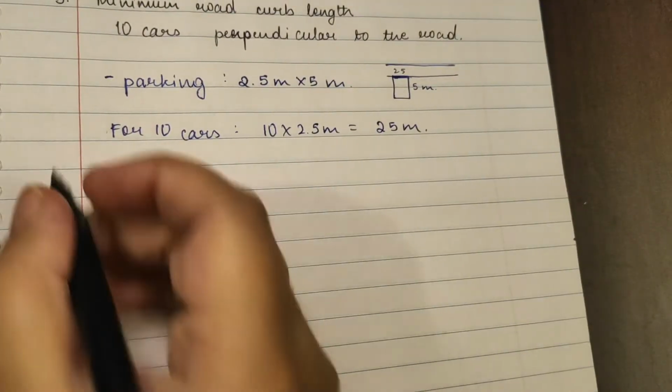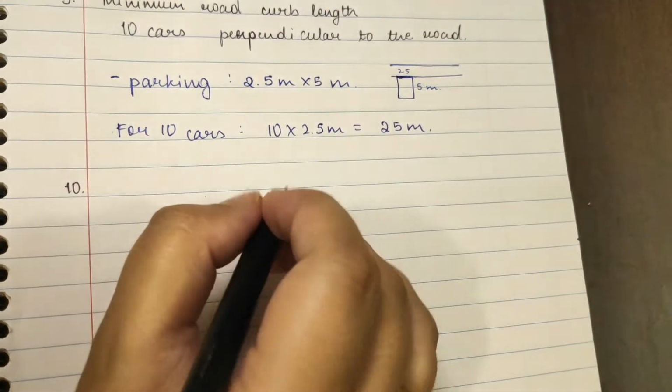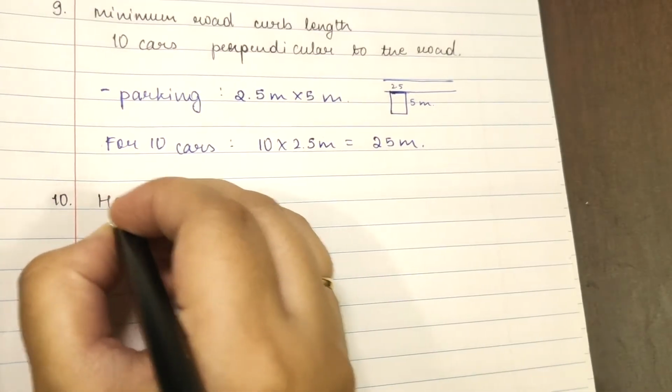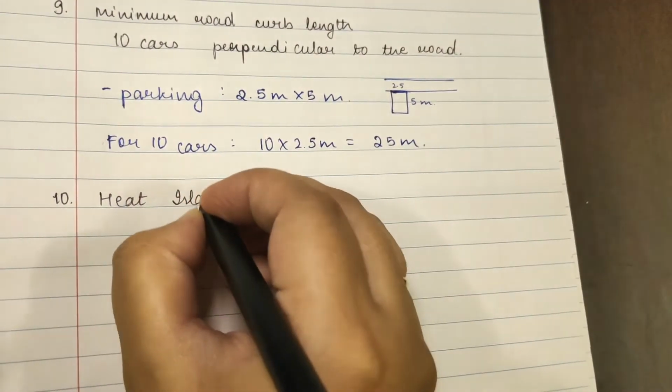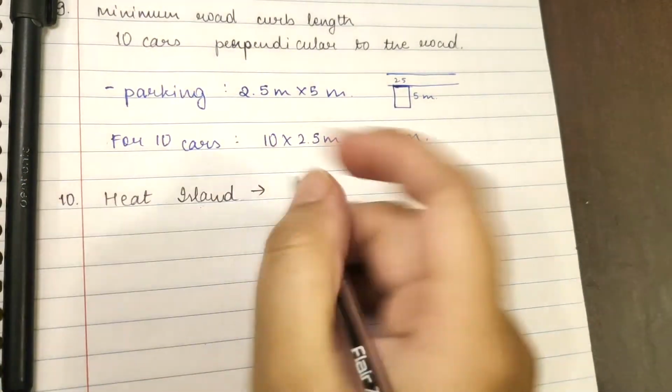Now question number 10, which of the following generates heat island? So this is also a very easy question. Heat island is related to urban areas.